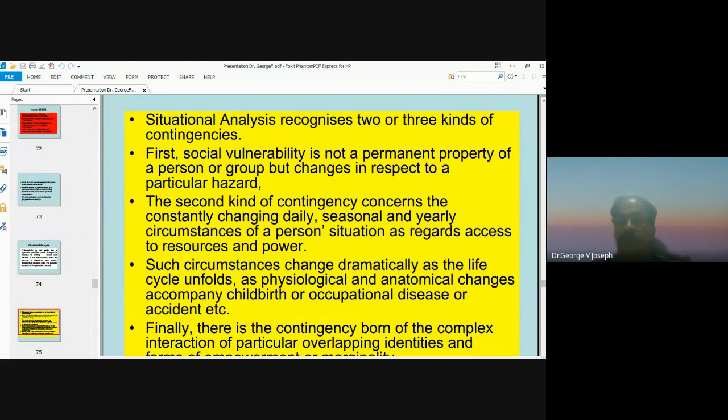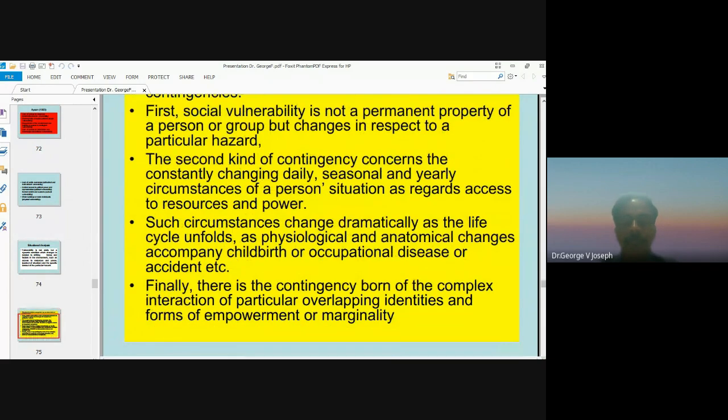It changes depending on the life cycle. Finally, there is the contingency born of the complex interaction of overlapping identities and forms of empowerment and marginalization.